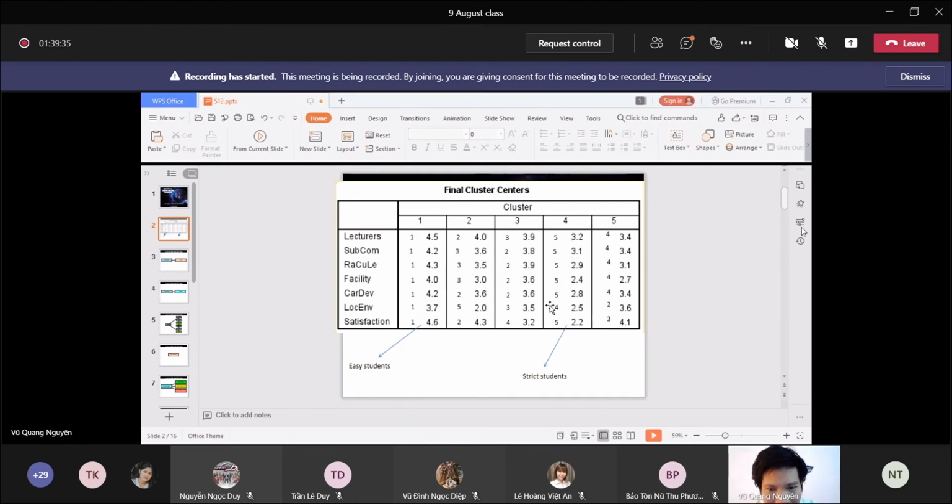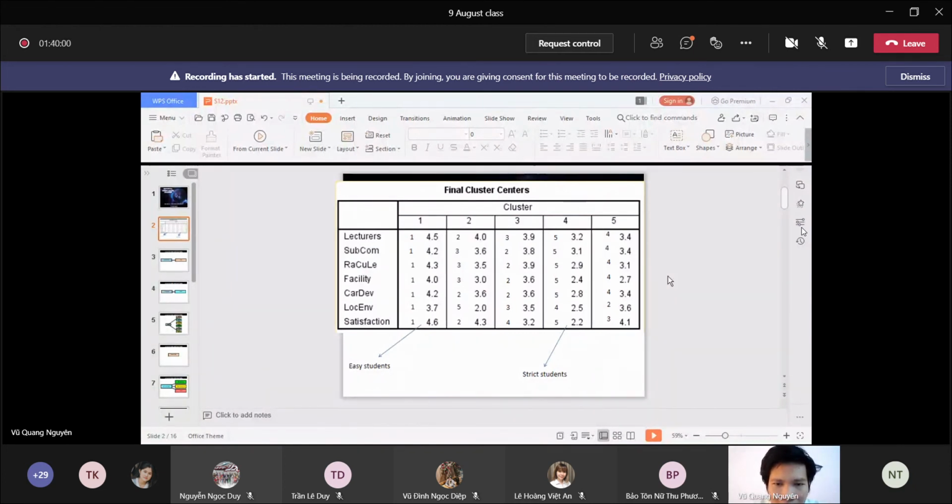Location environment is rank number 4, but actually it's still the same, right? So they are strict students. If we want to target them, then we must improve everything from lecturers to location environment to get their satisfaction.